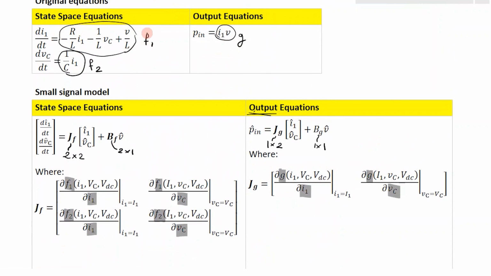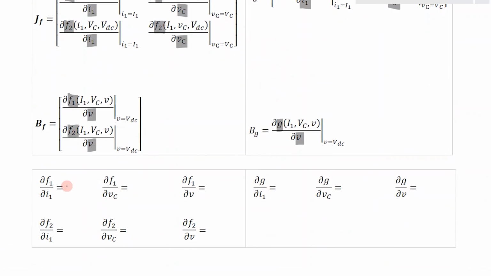Okay, so we need derivative of this with respect to I1. This would be negative R over L, right? Because everything else, this variable and this variable wouldn't matter for this derivative. They're just constants. So this first derivative is negative R over L.